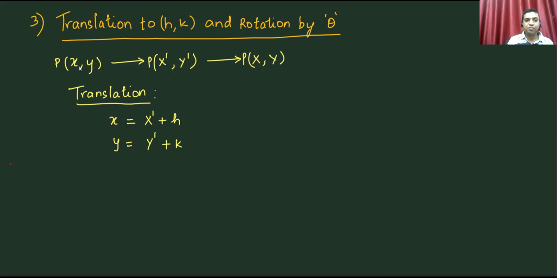The relationship between old coordinates and new coordinates is this for translation. So now we get capital X dash is small x minus h, and capital Y dash is small y minus k. These are equation 1.